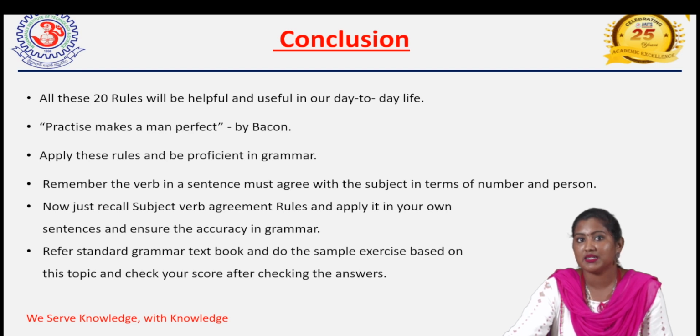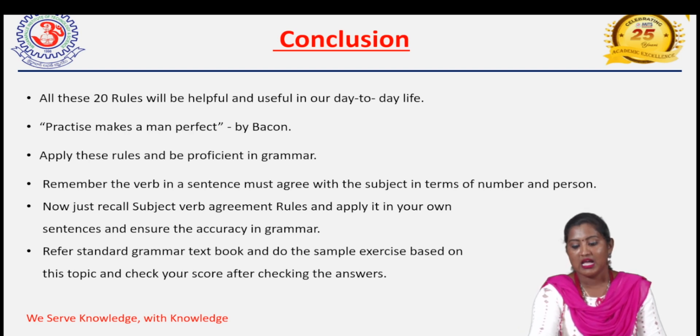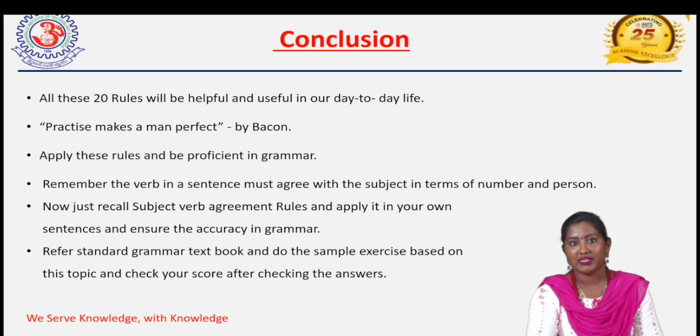Remember, the verb in a sentence must agree with the subject in terms of number and person. Now just recall the subject verb agreement rules and apply them in your own sentences to ensure accuracy in grammar. Refer to a standard grammar textbook, do the sample exercises based on this topic, and check your score after checking the answers.